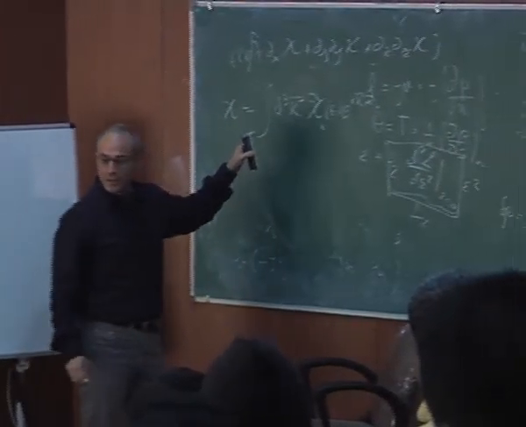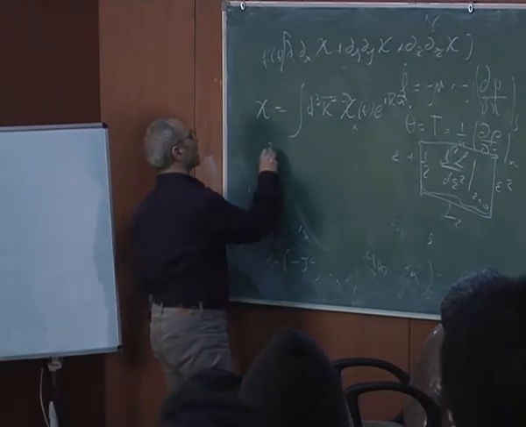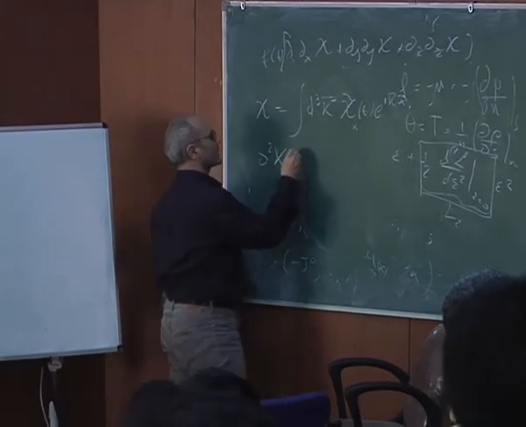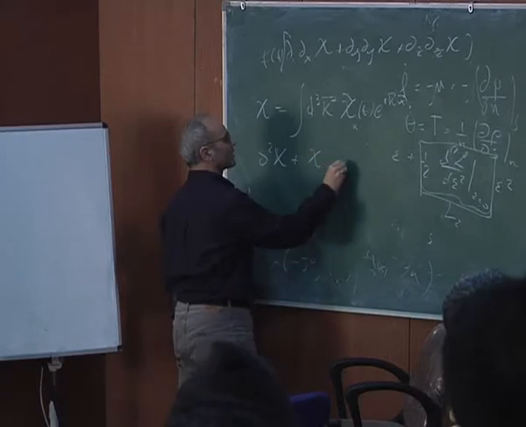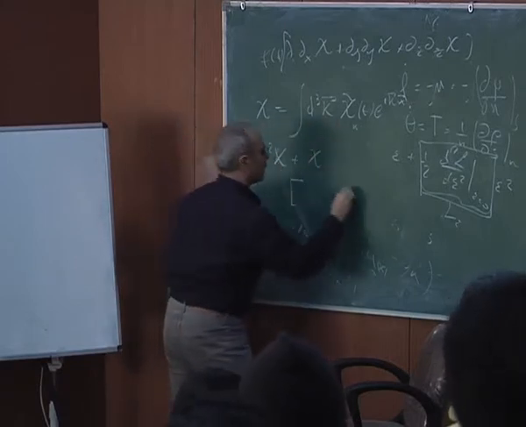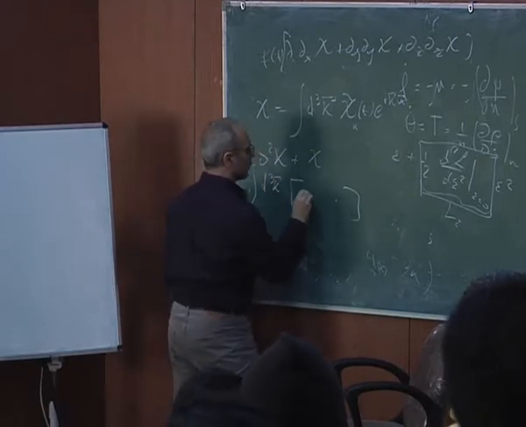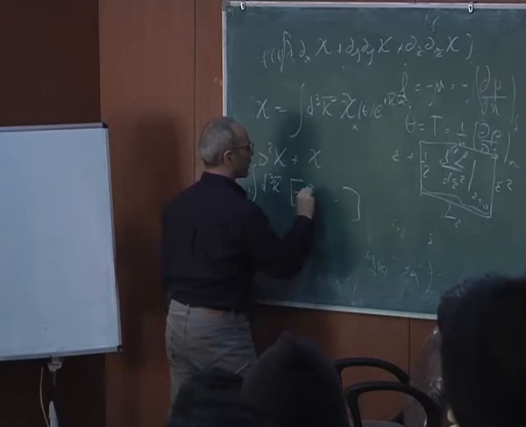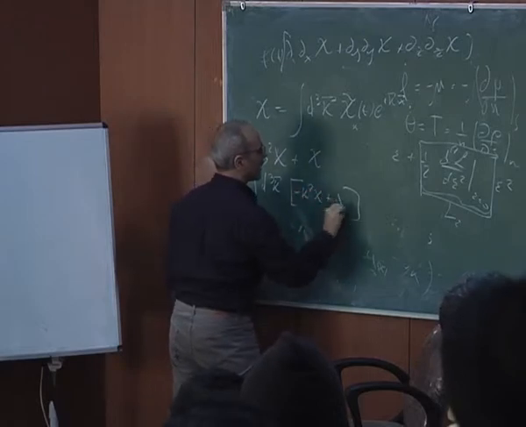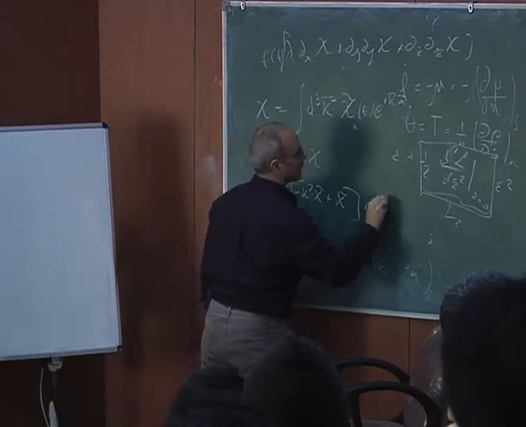Okay? But now, the equation of motion for chi will be linear. So I may have something like nabla squared chi plus something else plus chi. So when you write down this object here, you will get d3x times maybe minus k squared chi tilde times e to the i kx.